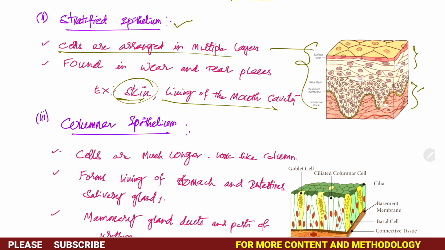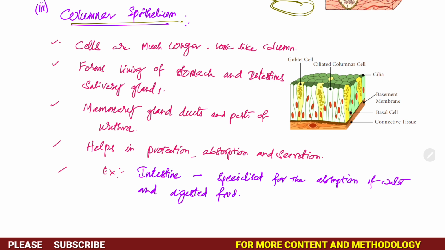And we can also find it in the lining of the mouth cavity, also called the buccal cavity. So the third one is columnar epithelium. This tissue comprises cells which are much longer than they are broad and look like a column.